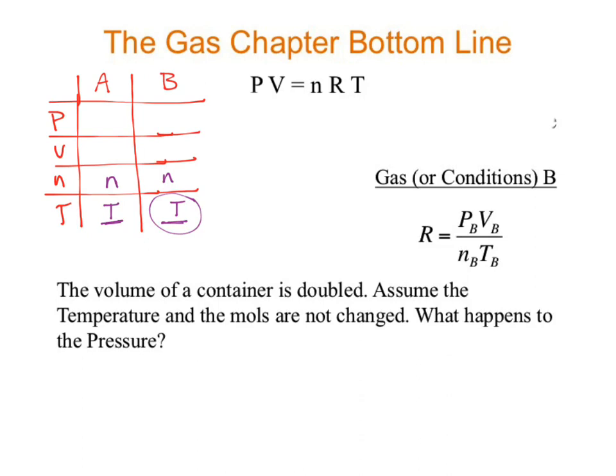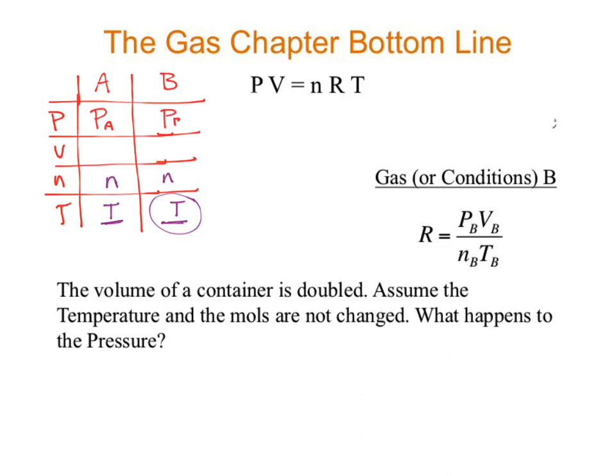What is my value for pressure A? Am I given a numerical value for it? No. So I'm just going to say it's pressure A. I don't know what it is, but it's pressure A. What is pressure B?